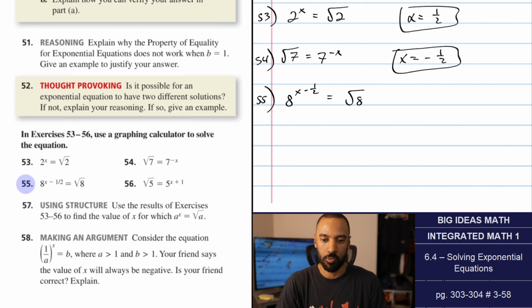That's a right shift of 1/2. So 8 to the x minus 1/2 power here, and here we have square root of 8.